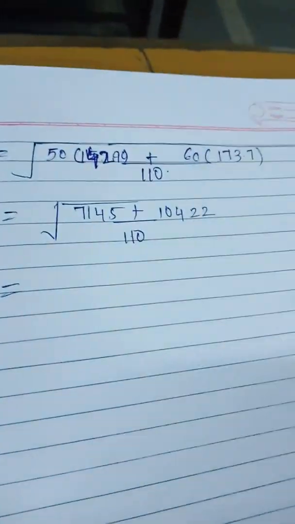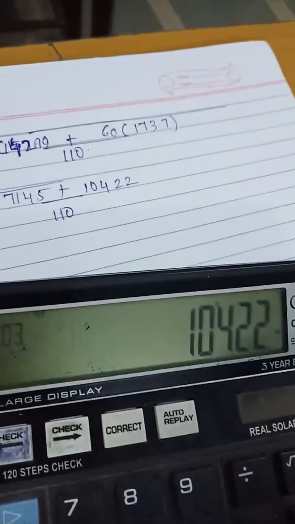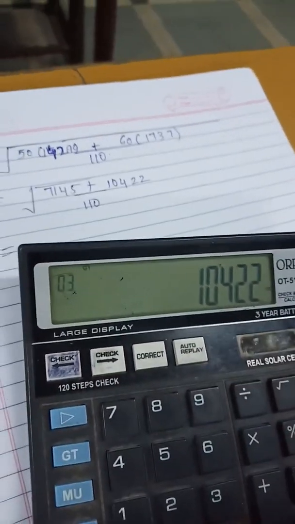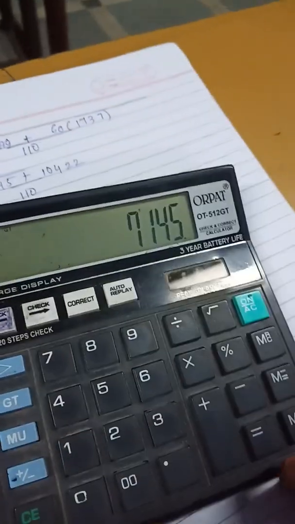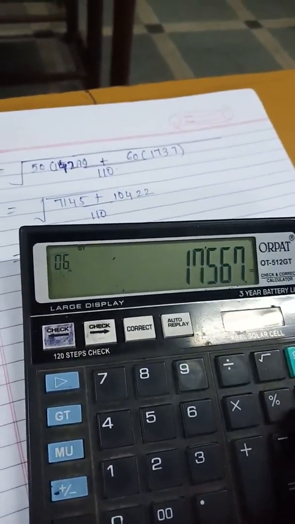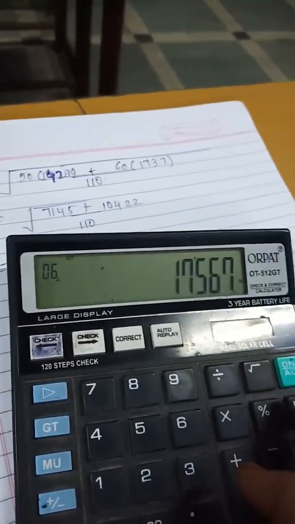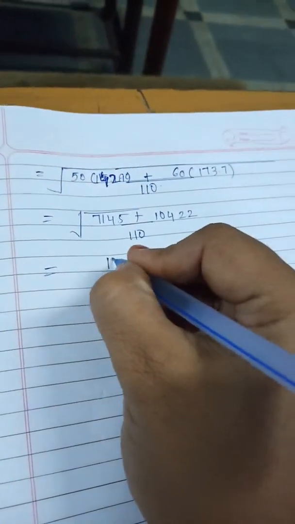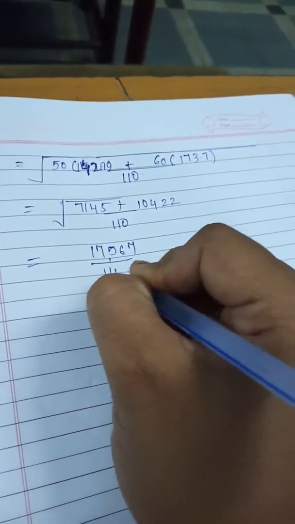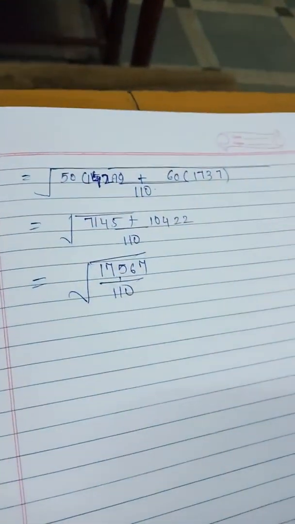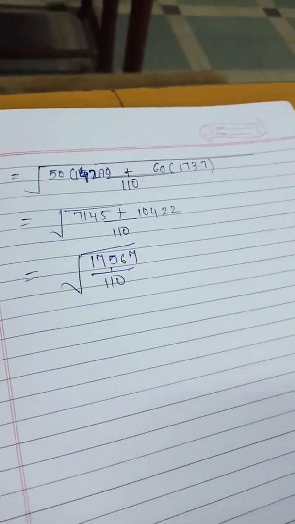So here 10,422 is on my screen. I will be only adding 7145, so that comes to 17,567 divided by 110, square root.